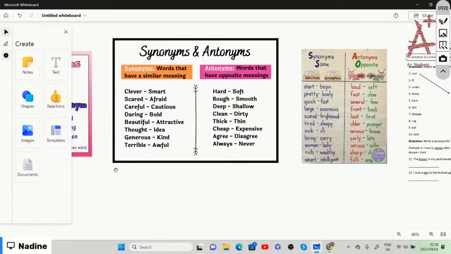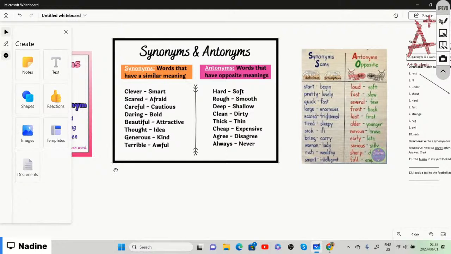Which is words that have opposite meaning. Hard, soft, rough, smooth, deep, shallow, clean, dirty, thick, thin, cheap, expensive, agree, disagree, always, never. So those are synonyms as well as antonyms.